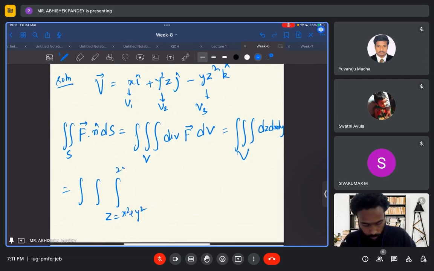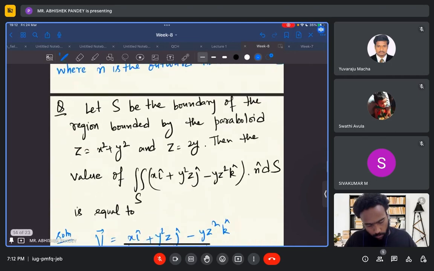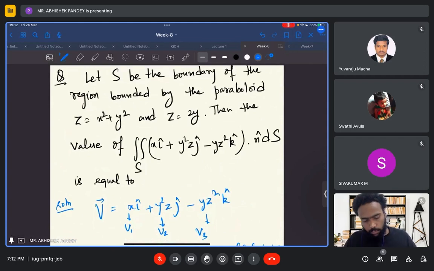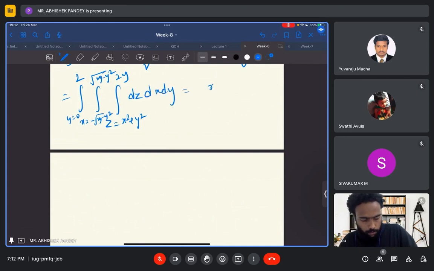For S, we put z equals 2y here, so x will be from minus root over 2y minus y square to root over 2y minus y square, and then y is from 0 to 2, with dz dx dy. After calculating you will get 5.